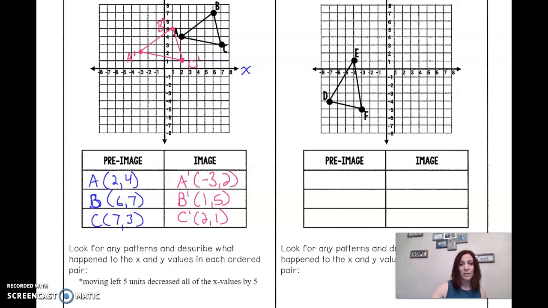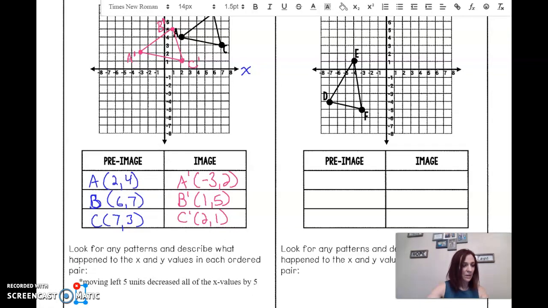All right? Now what else did we do? What did we do with the y values? We came down 2 each time, right? So we can say moving down, and spelling it right, as always, 2 units, maybe typing isn't better, right? Decreased all of the y values by 2.